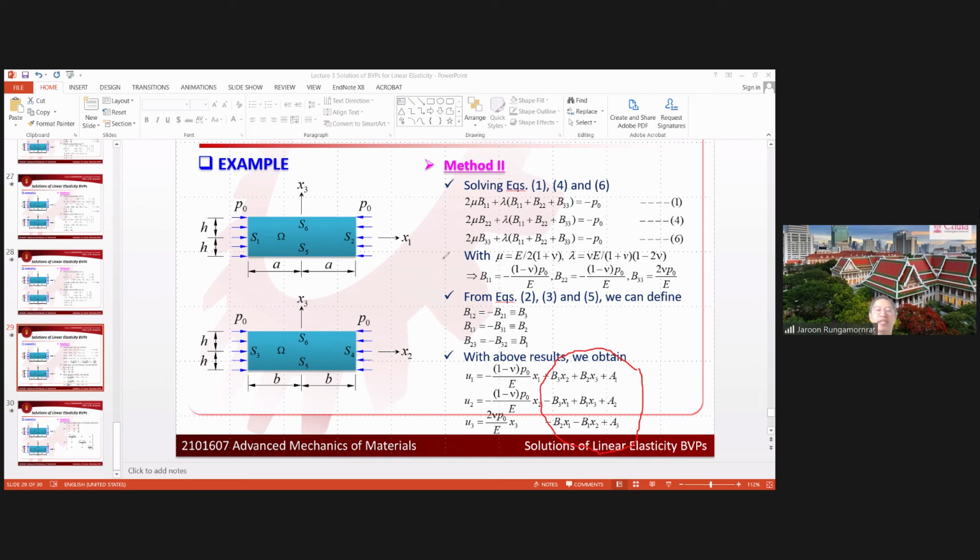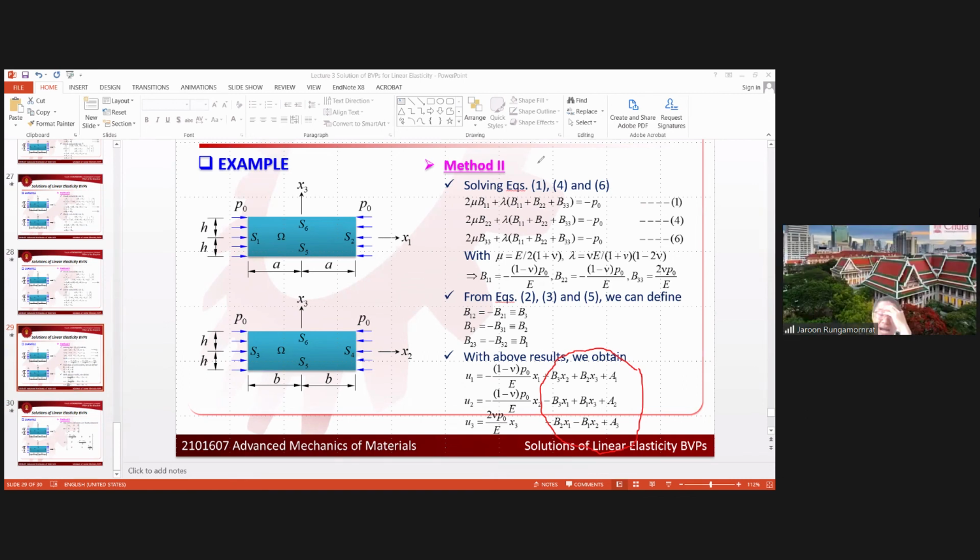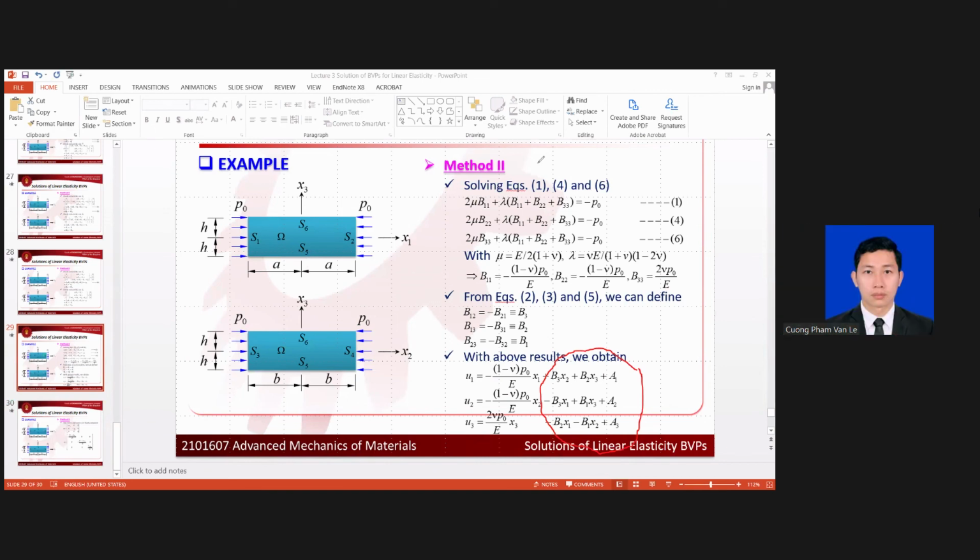If you look at the procedure that I did here from the beginning, you can see that all conditions are satisfied. Okay. Yeah. It means it depends on the initial condition. Boundary condition, not initial condition. No, not initial condition.